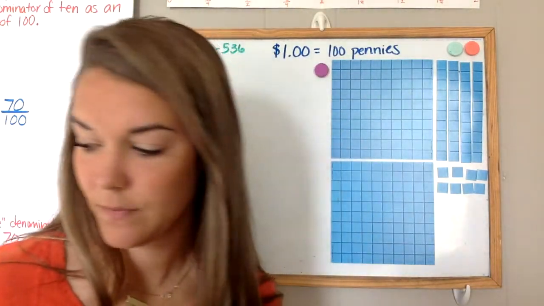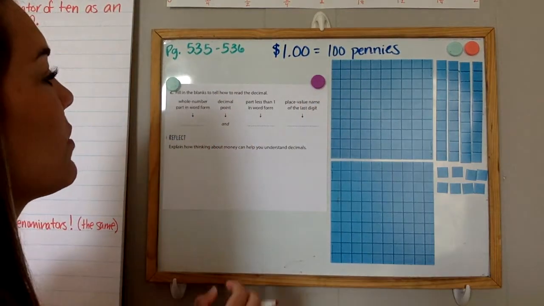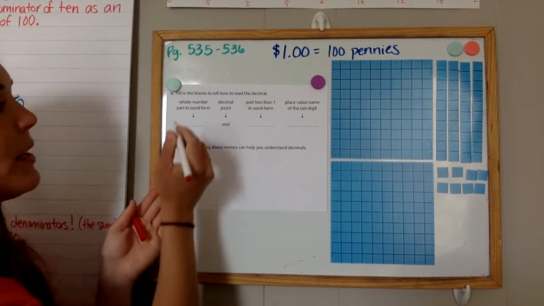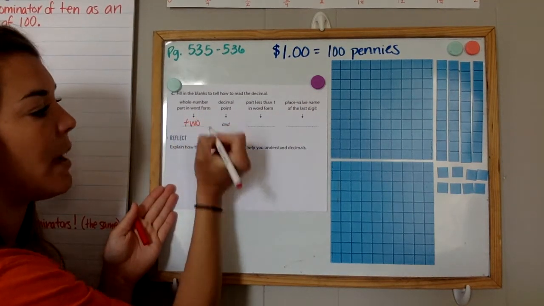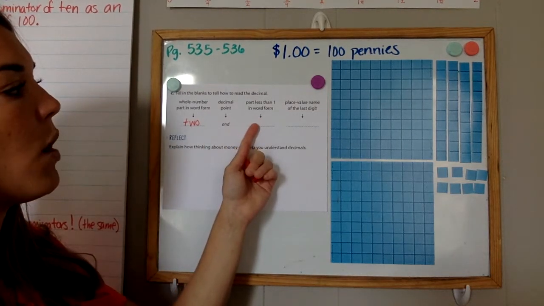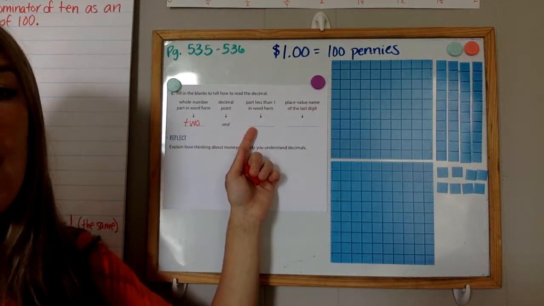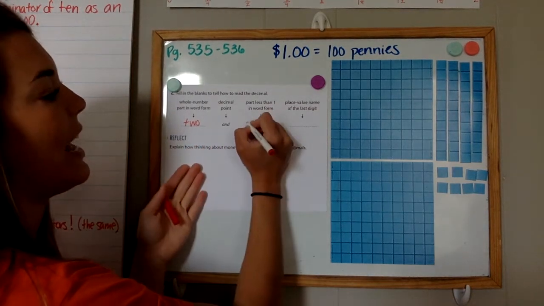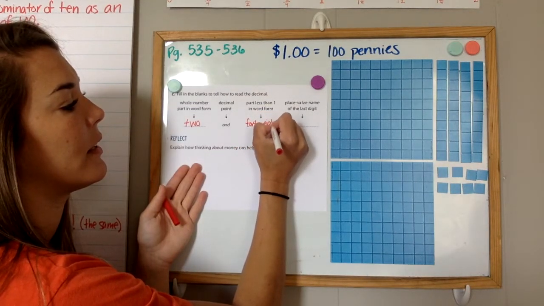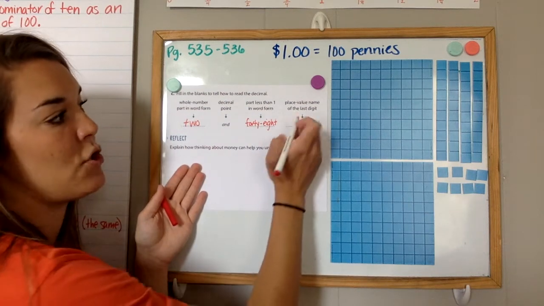C here. So it says to fill this in again. So it says fill in the blanks. So my whole number, I'm going to put this in word form now. So my whole number is 2, T-W-O. And so how many tenths did I have? I had 48 hundredths.